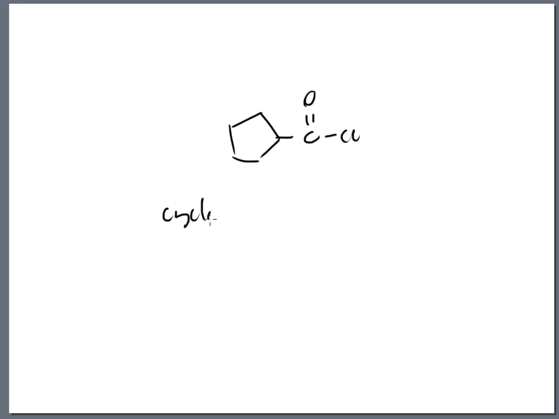So this is a cyclopentane. And then I add the word, not carboxylic acid. We're going to use carbo, which means the carbonyl. And then we're going to add YL at the end. So in this case, it is carbonyl.